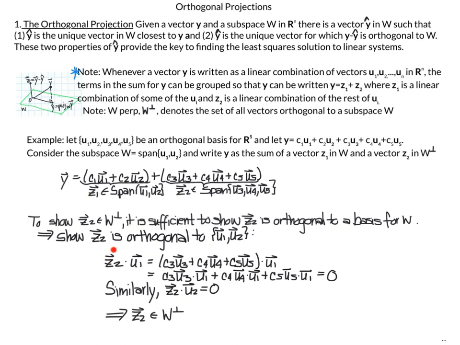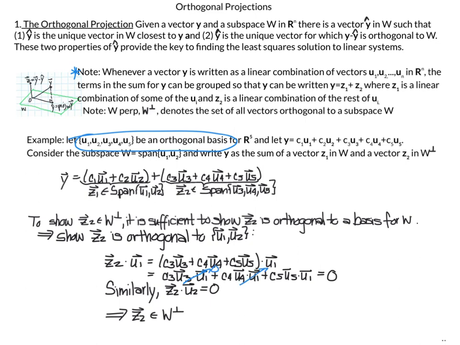So now I'm going to take z2 and dot it with u1. z2 is our linear combination of u3, u4, and u5 dotted with u1. By the dot product, I can distribute that. So I get c3 u3 dot u1, c4 u4 dot u1, and c5 u5 dot u1. But now, because u1 to u5 is an orthogonal basis, u1 dot u3 is going to be 0.